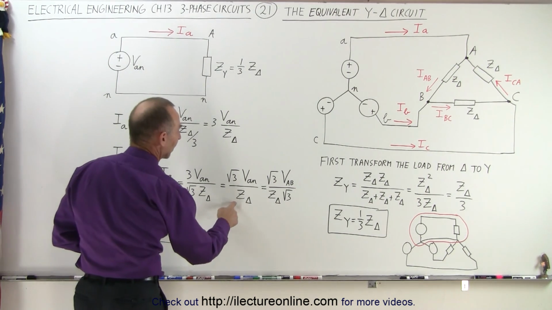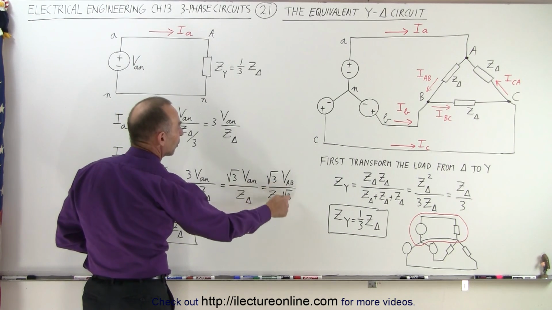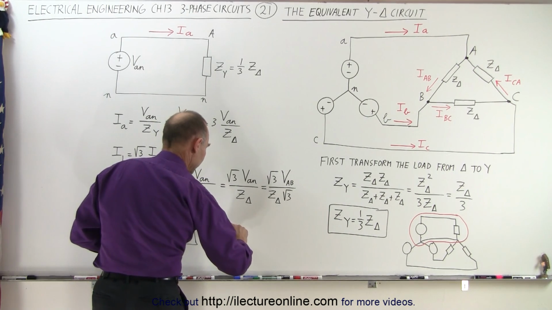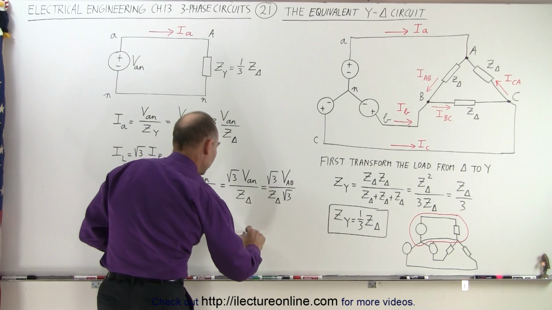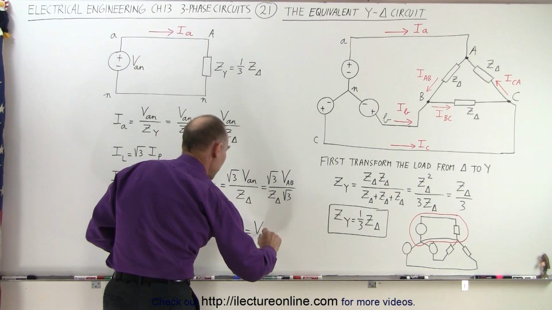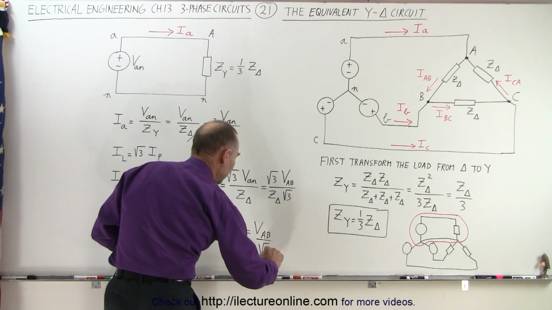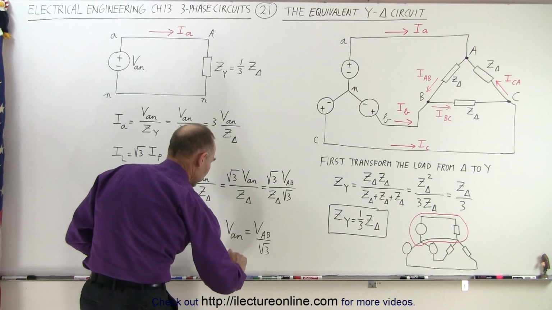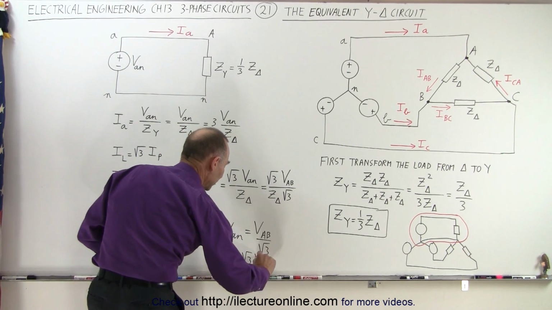And then also realize that VAN can be related to VAB with the square root of 3. Notice that VAN is equal to VAB divided by the square root of 3. VAB is the line voltage, VAN is the phase voltage, because we know that VAB is equal to the square root of 3 times VAN.